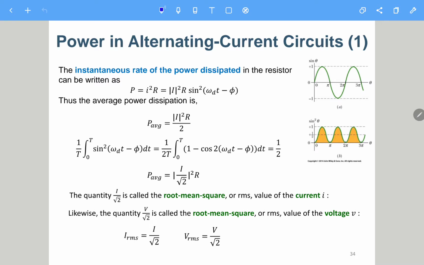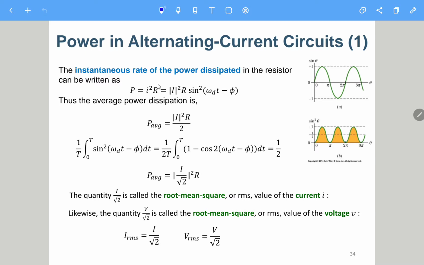So here we talk about the power in the AC circuit. So for the power, it is nothing but P equals I squared R, which is what we have learned before for the resistor.